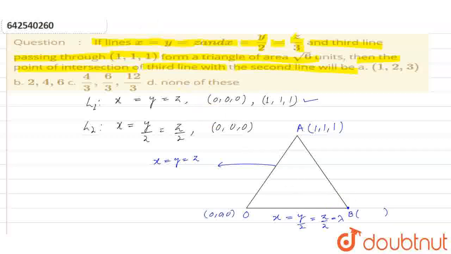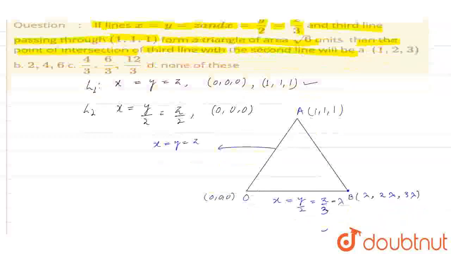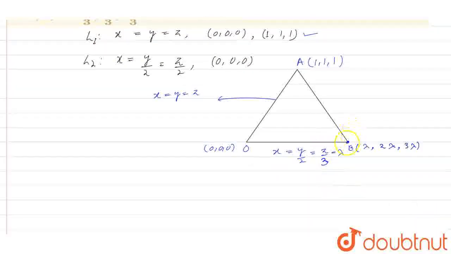So this point, in terms of lambda, is (lambda, 2 lambda, 3 lambda).